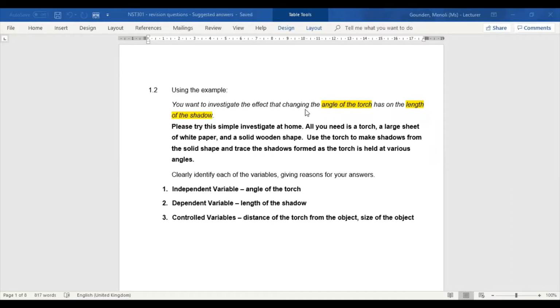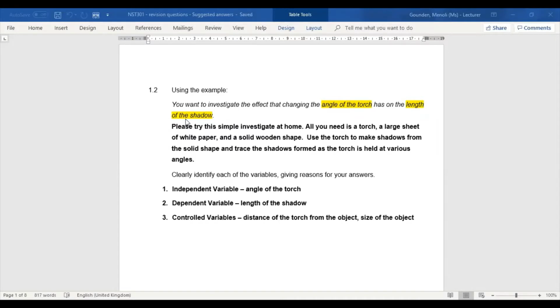Okay, the other way of looking at how we identify independent and dependent variables. In the lecture, I suggested to you, once you've identified the two variables, try and create a statement that shows the relationship between the two.